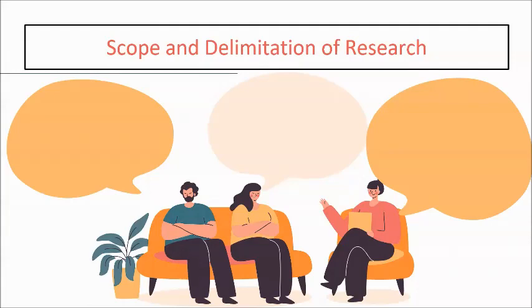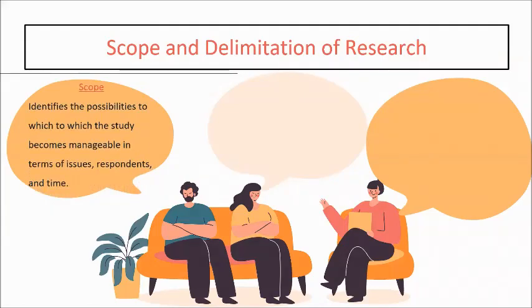So when we say scope of the research, it identifies the possibilities to which the study becomes manageable in terms of issues, respondents, and time. To explain this better and shorter, when we say scope class, ano lang yung sakop ng research nyo? Or ano-ano lang yung mga i-discuss nyo? Okay? So that is the scope of research.